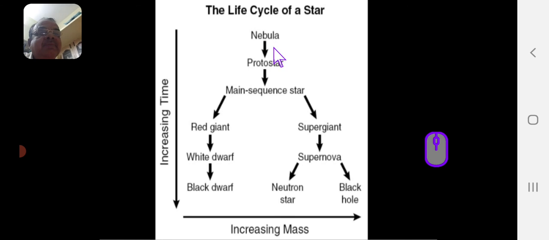A shrinking ball is formed. That ball is called the protostar stage of the star. At this stage, gradually, fusion of hydrogen starts.